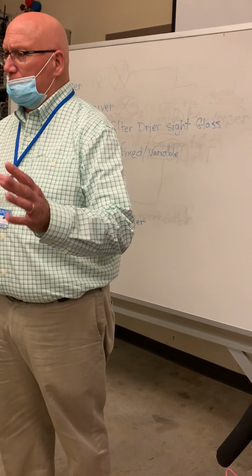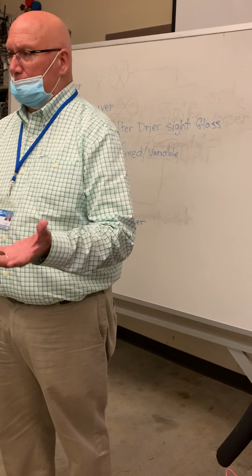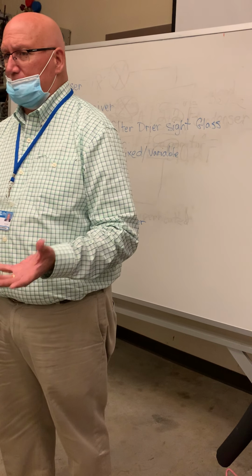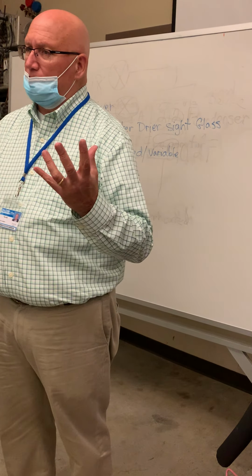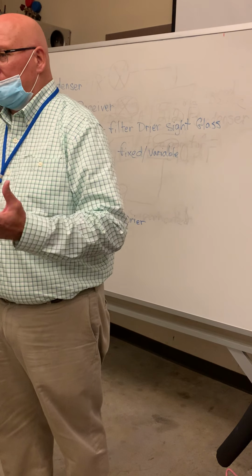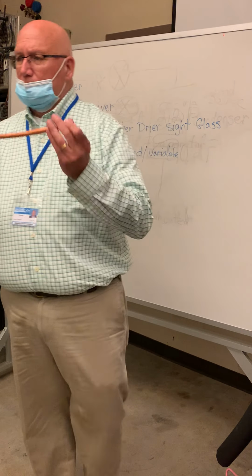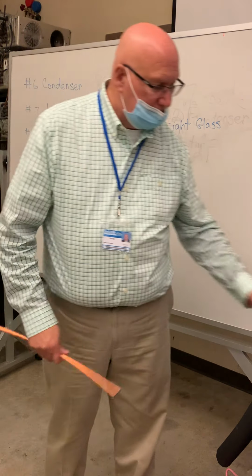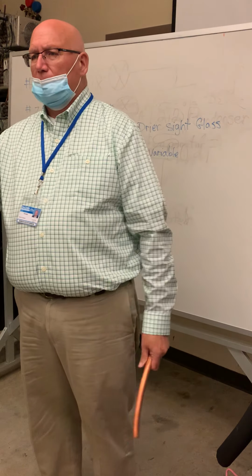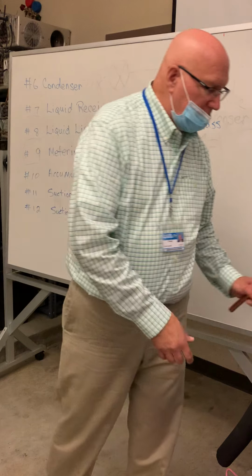When you're charging, you're usually going to set your weigh scale on ounces and convert everything to ounces. It makes it easier, instead of you trying to convert pounds and ounces in your head. So it just makes life a lot easier. So, suction line, liquid line. Bigger, smaller.